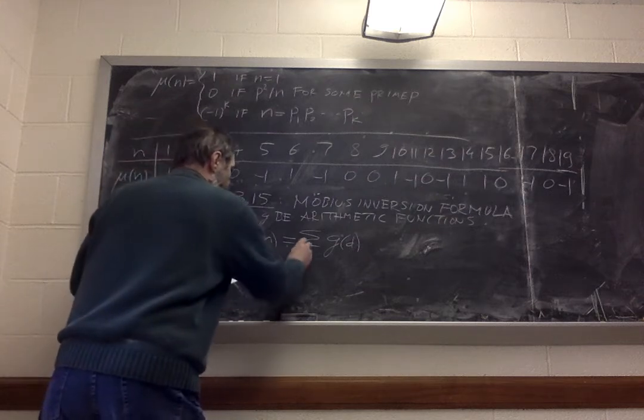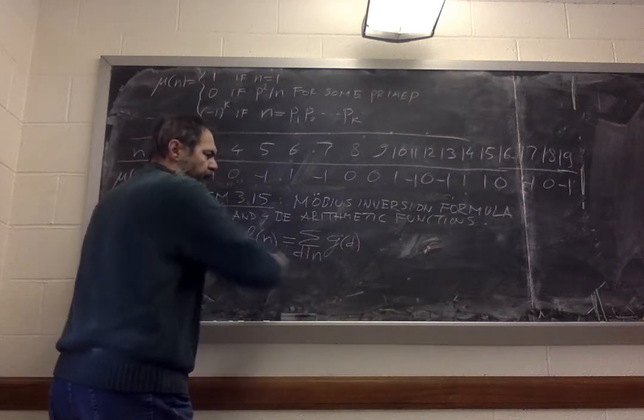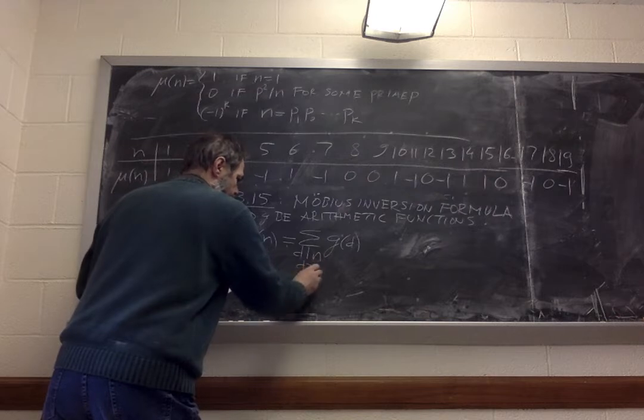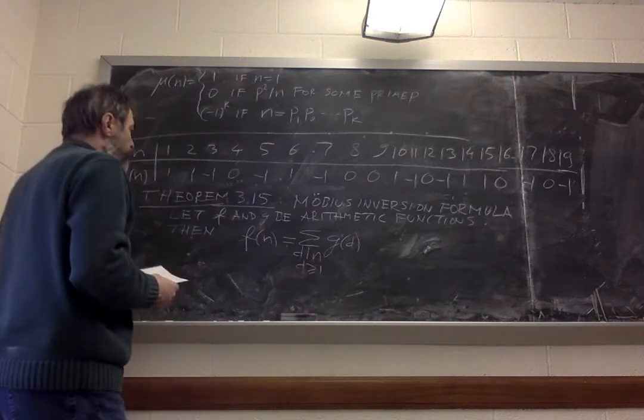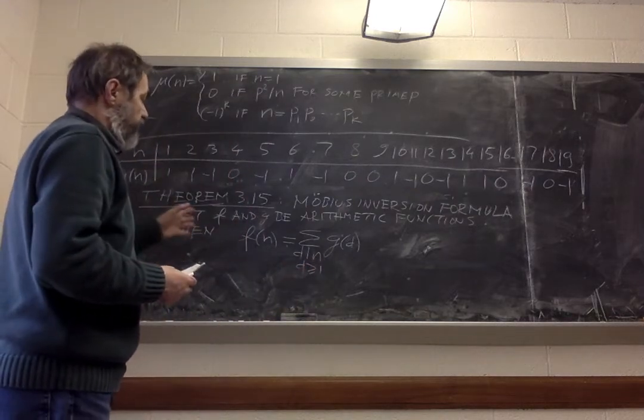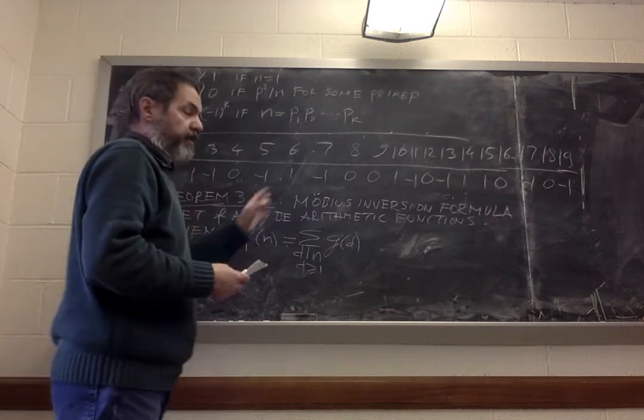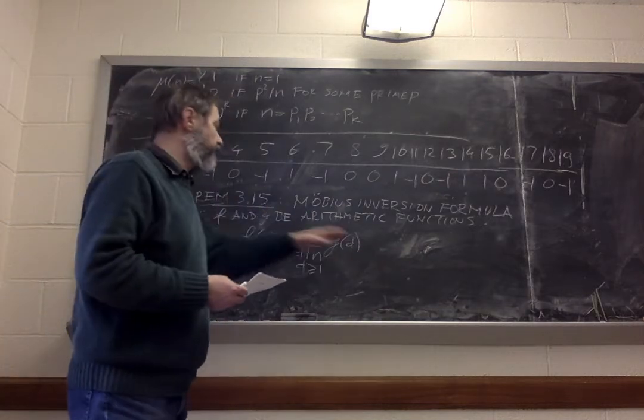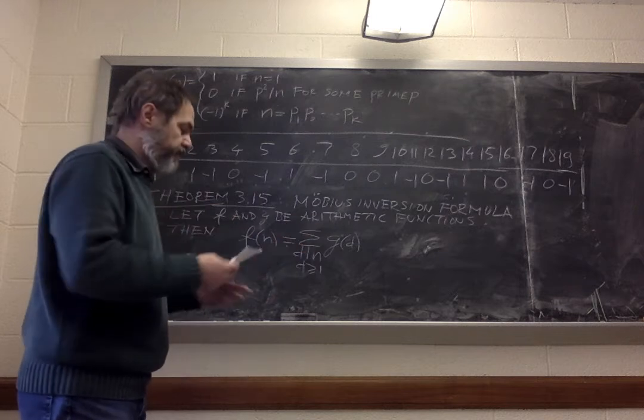So over all d that divide n, positive divisors, of course. If this, then the following thing happens, and if the other thing happens, then this happens. So these two are equivalent.